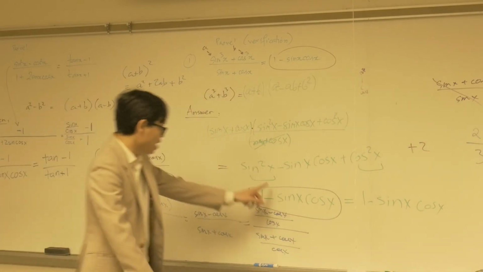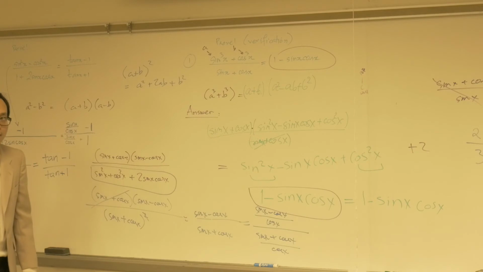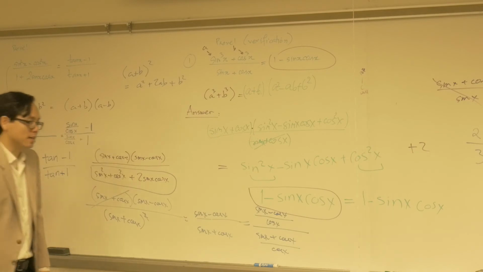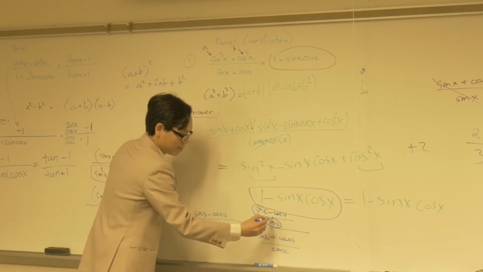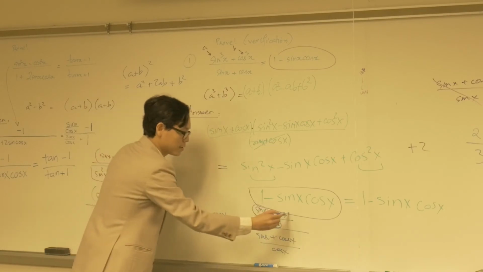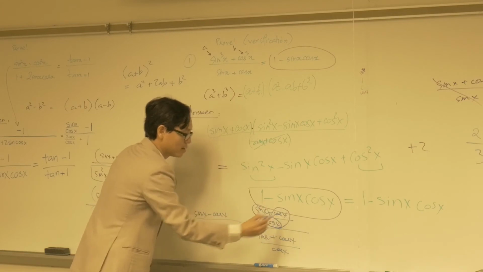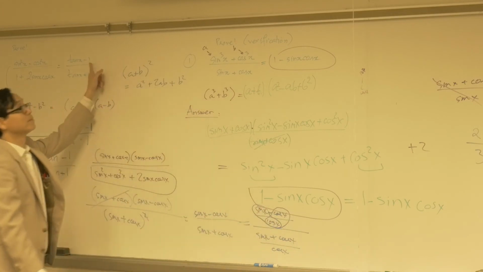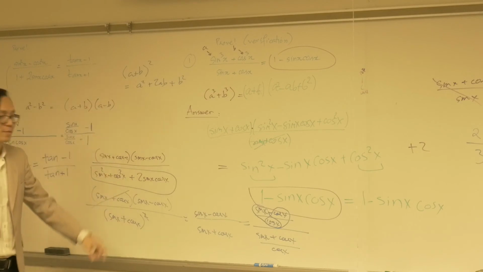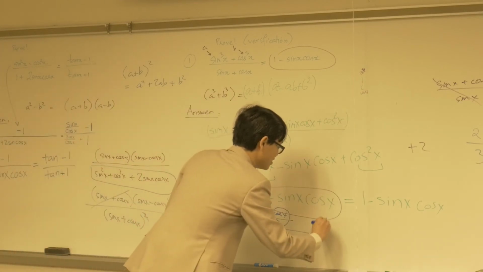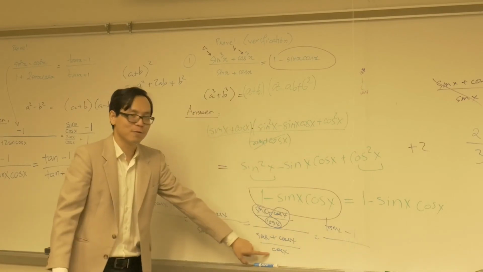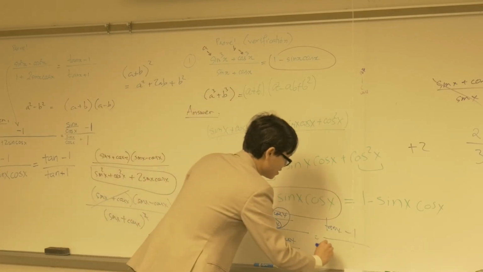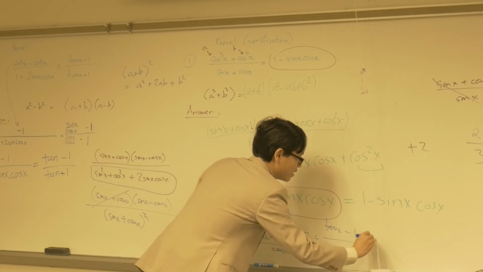And look at this. Sine over cosine gives you what? Tangent. Cosine over cosine gives you 1. So this will be tangent x minus 1 over tangent x plus 1, and you're done.